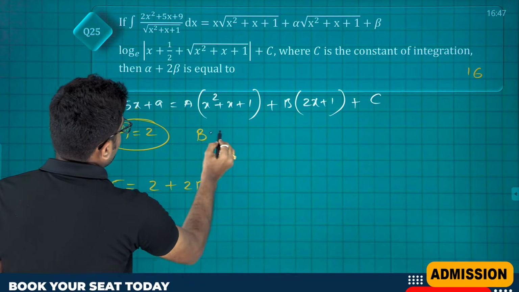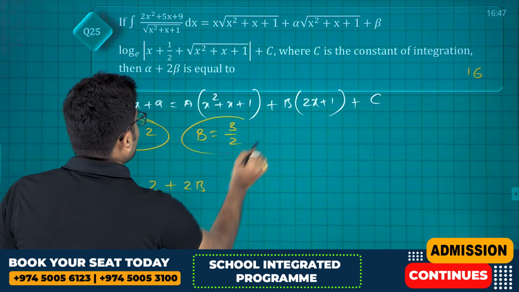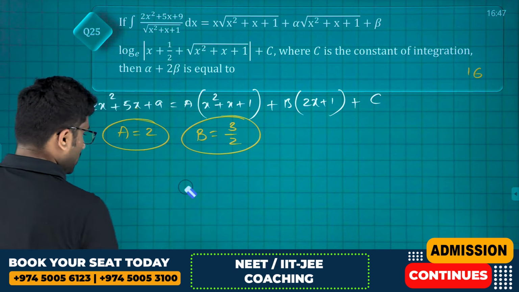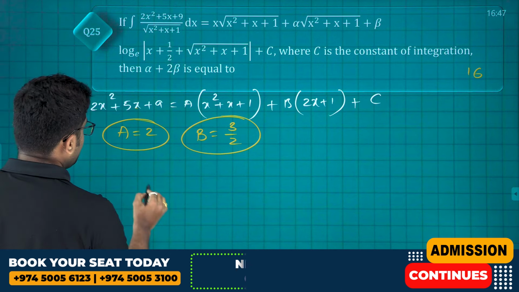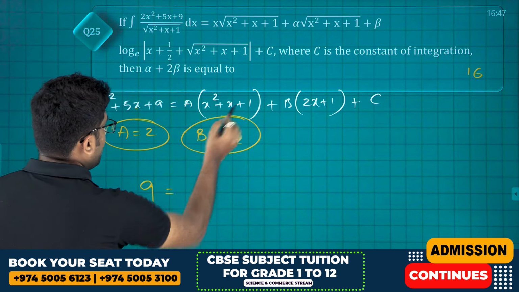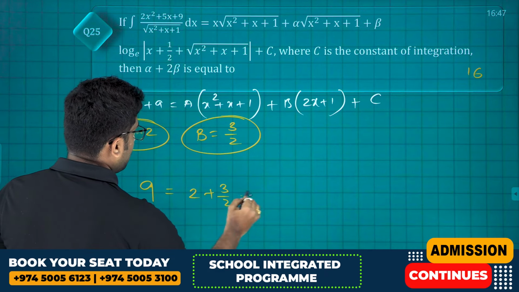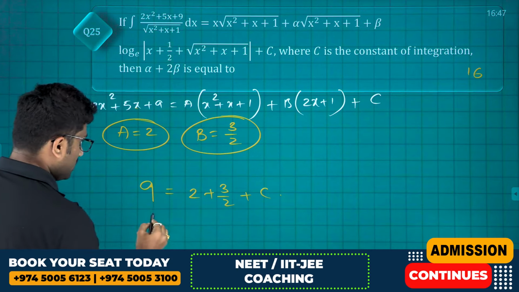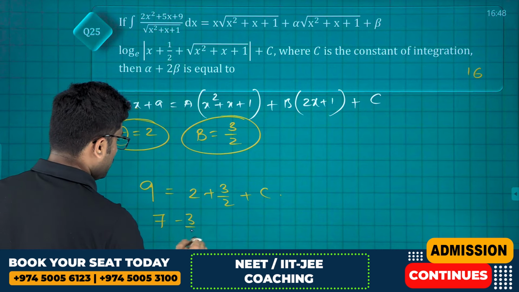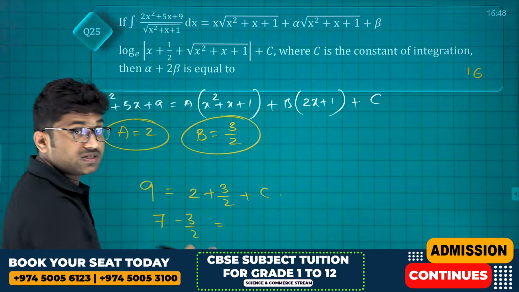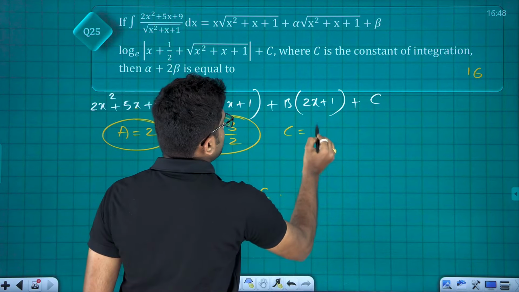So clearly b is equal to 3 by 2 now. Next, the constant: 9 is equal to 2 plus b, which is 3 by 2, plus c. 9 minus 2 is 7 minus 3 by 2. 7 2s are 14, 14 minus 3, 11. So hence c is equal to 11 by 2, friends.